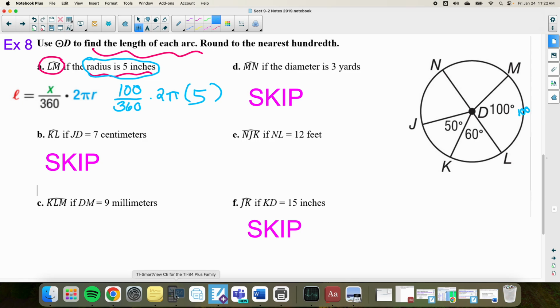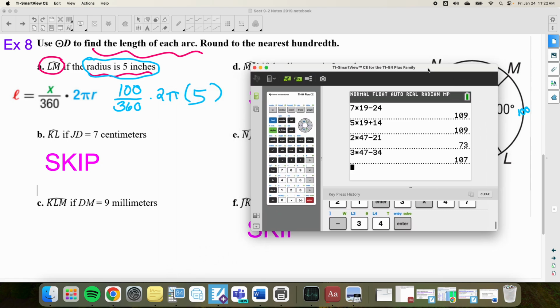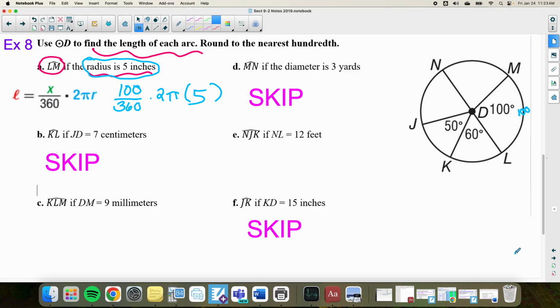When you go to put that in your calculator, I would put the fraction in parentheses, but I don't think you have to. So 100 over 360 times 2 times pi times 5, and you're gonna get decimals for this. Did you guys get that? 8.73. And that is in inches.